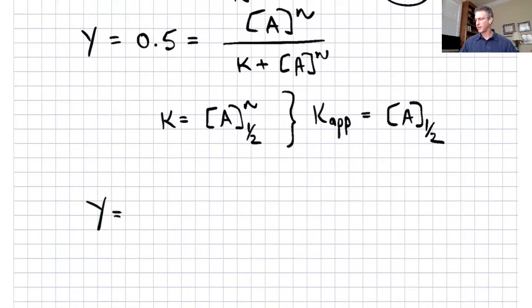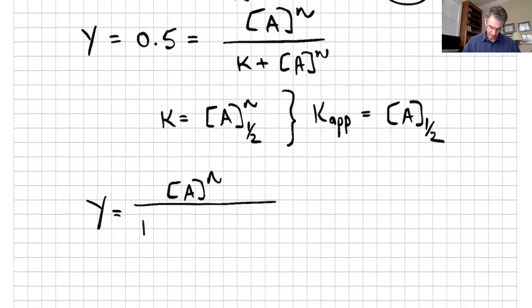The fractional saturation equals the concentration of A, our ligand, raised to the N, divided by K apparent raised to the n plus the concentration of A raised to the n.